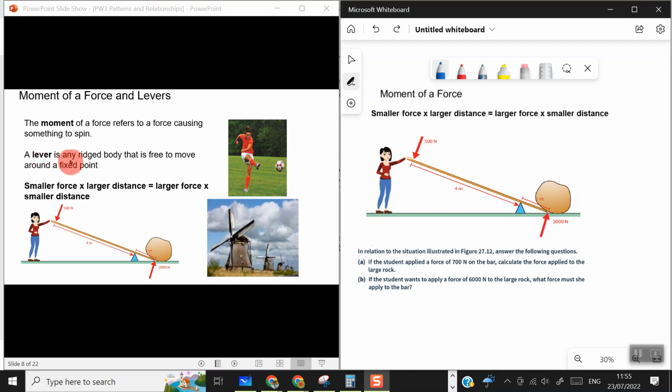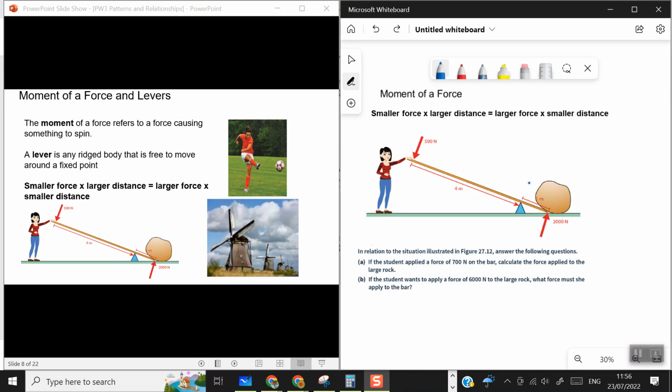A lever is a rigid body that is free to move around a fixed point. For example, here we have two parts. You have a rigid body, this beam here, and it's able to move around a fixed point. This here is the fixed point that it's able to move around.